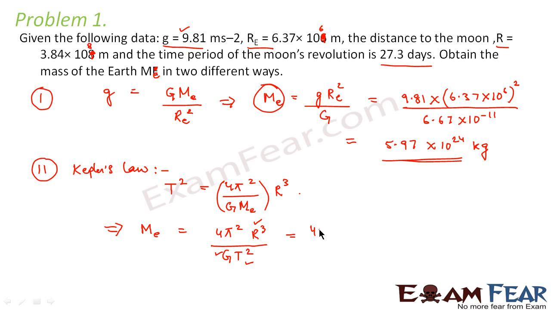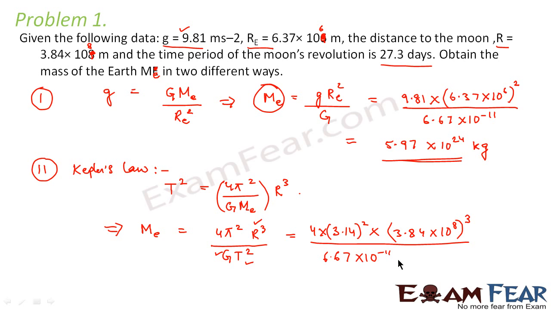That is 4 into pi, which is 3.14, into r, which is nothing but 3.84 into 10 to the power 8, whole cube. This divided by G, which is 6.67 into 10 to the power minus 11.